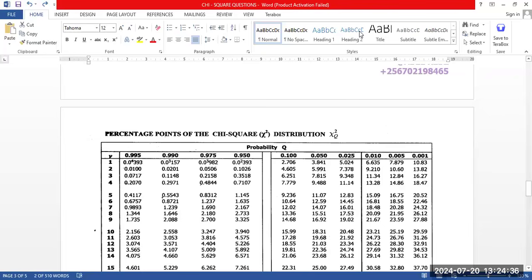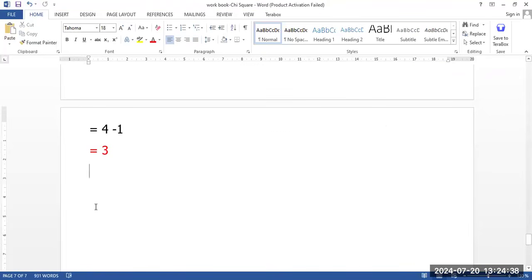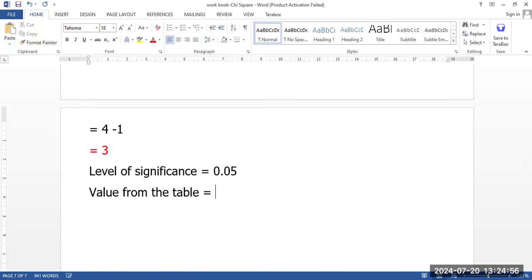Level of significance is equal to 0.05, and value from the table is equal to, we said 7 point what? 7.815.